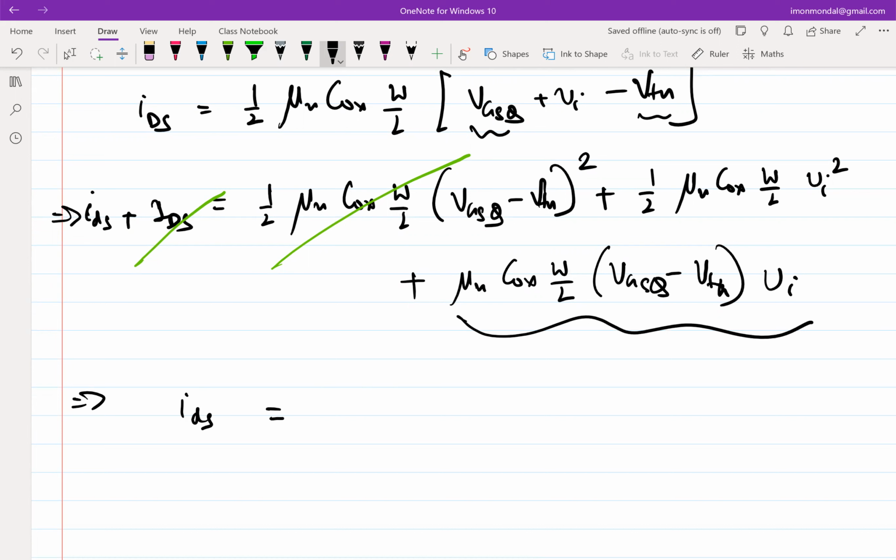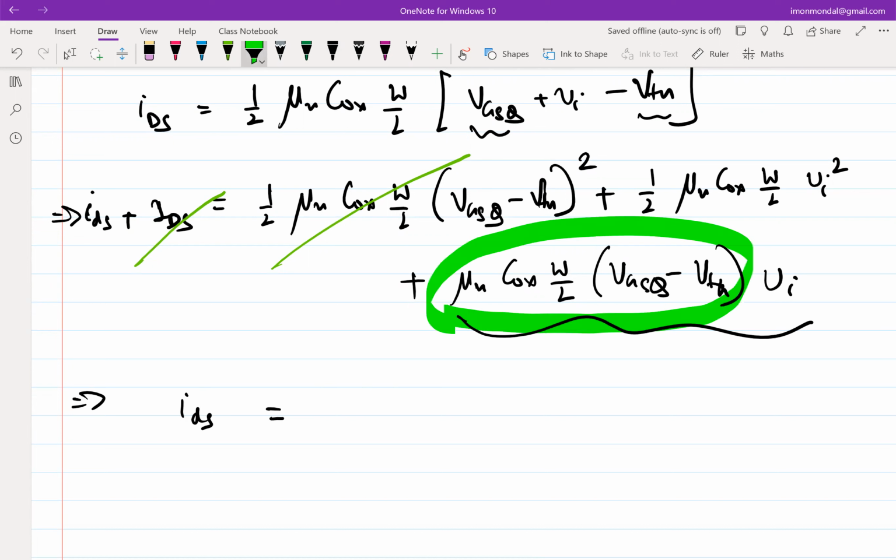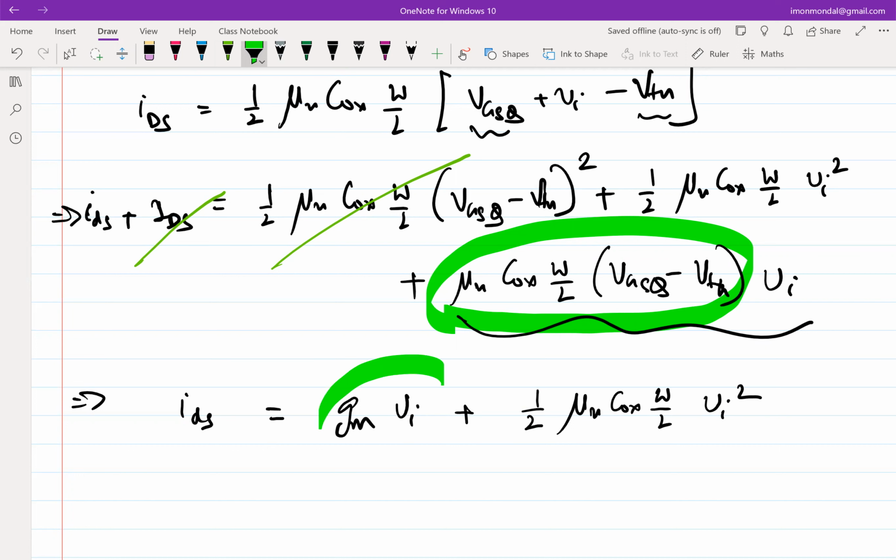Can you look into your notes and tell me what is this quantity? This is Y21 or GM. It's a transconductance, right? So this is GM times VI plus some additional term. Under small signal approximation, we are essentially saying that we are applying that value of VI for which only this term will suffice.